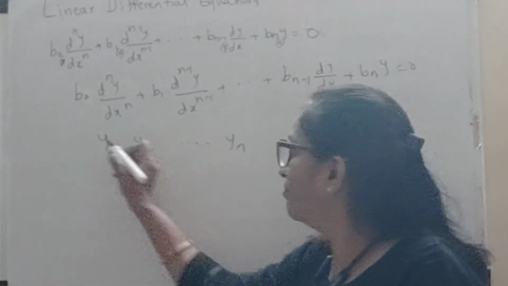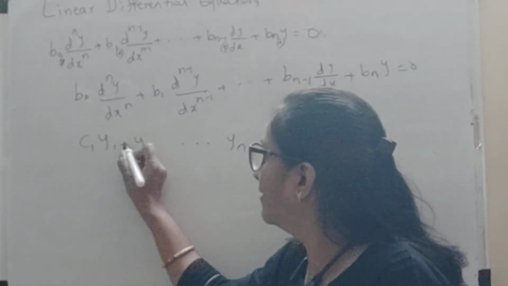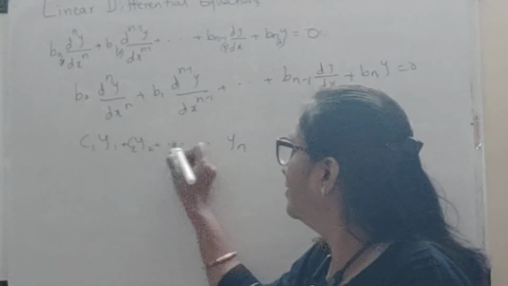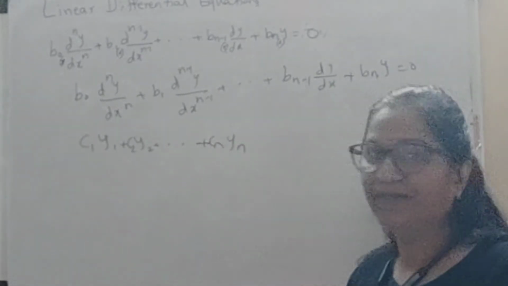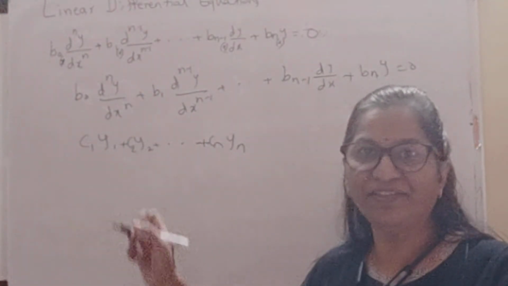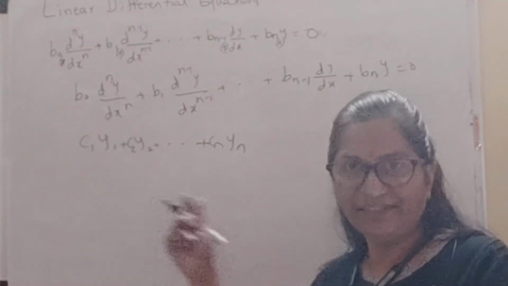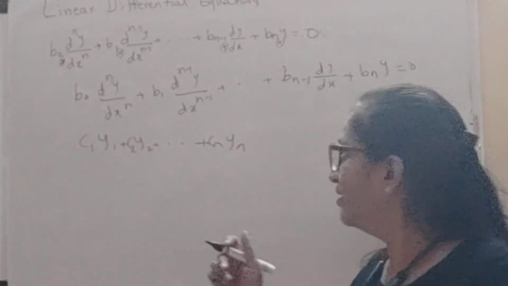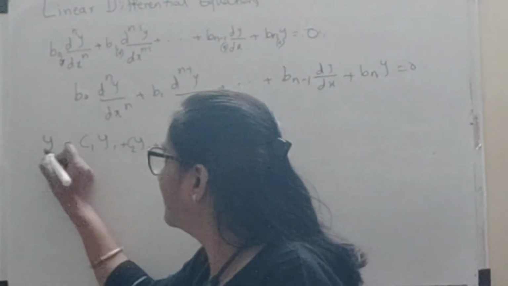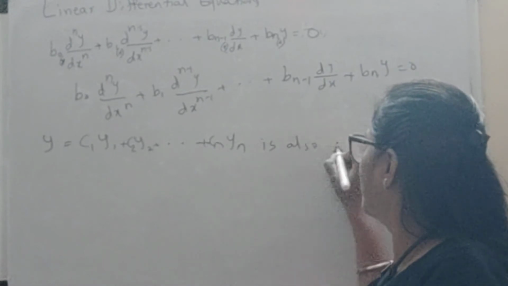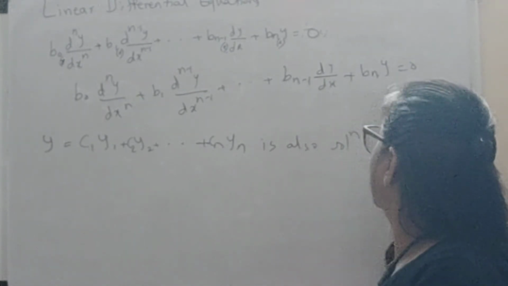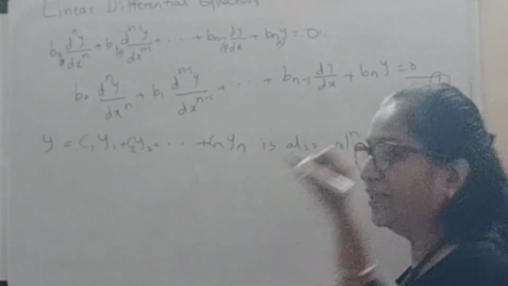So, its linear combination is c1y1 plus c2y2 plus so on plus cnyn. It's a linear combination of these solutions, and just now we proved for the example that this linear combination is also a solution of differential equation 1.